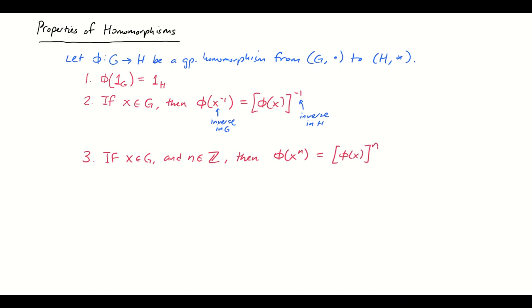In other words, phi has to map an nth power to an nth power of something, and that something is phi of X. And finally, we're going to prove if X is in G, and the order of X is finite, and let's let Y equal phi of X, that the order of Y has to divide the order of X. So these will be the 4 things that we prove.